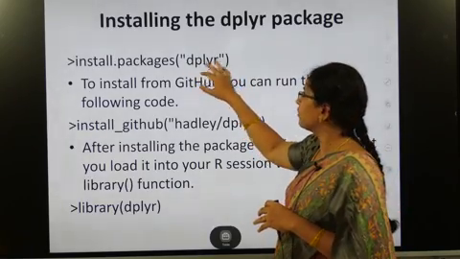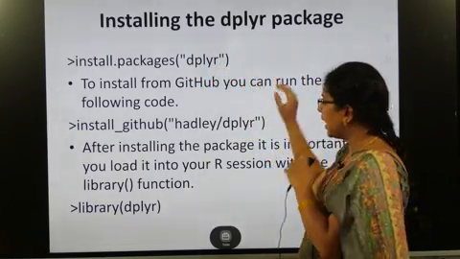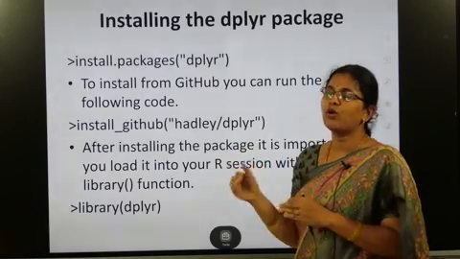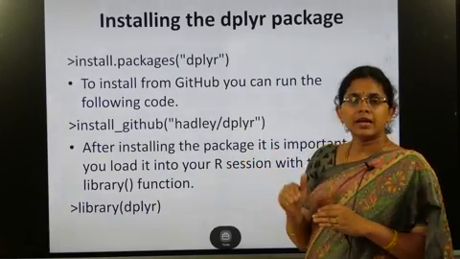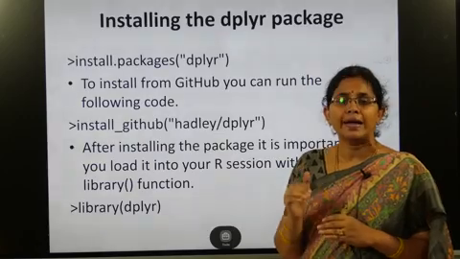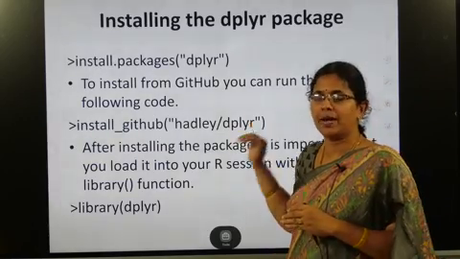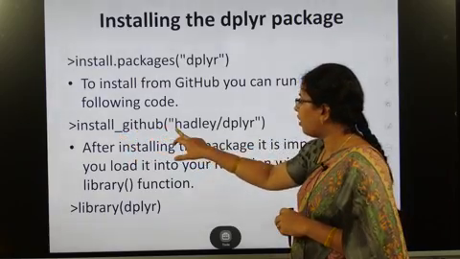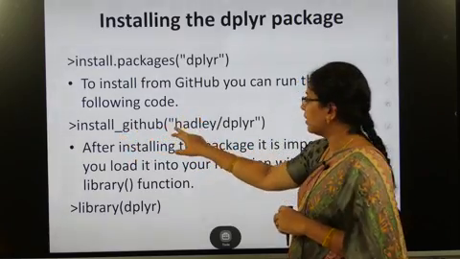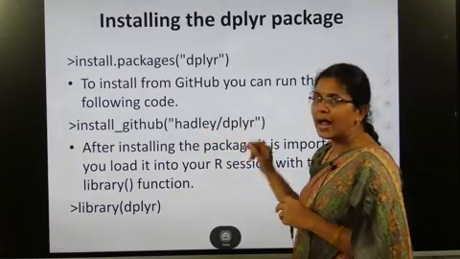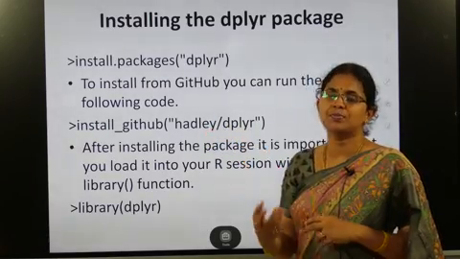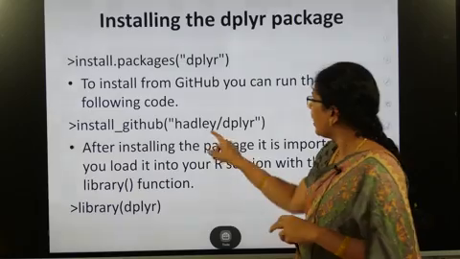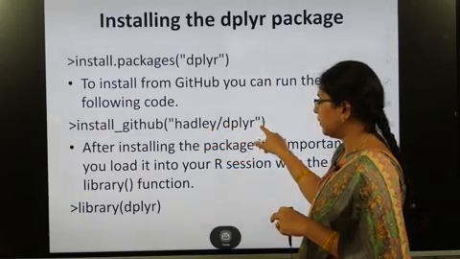The same Dplyr package can be installed from GitHub, which is a platform also supported by R. Install underscore github of double quotes hadley. Hadley Wickham is the person behind the Dplyr package, so that's why hadley/dplyr.